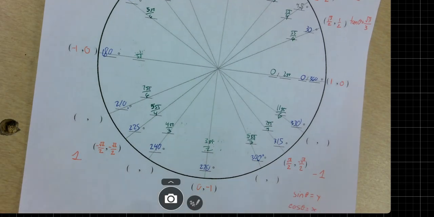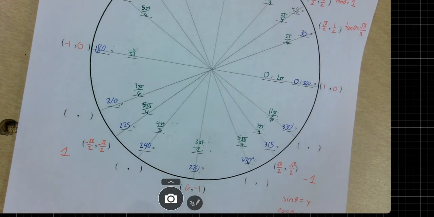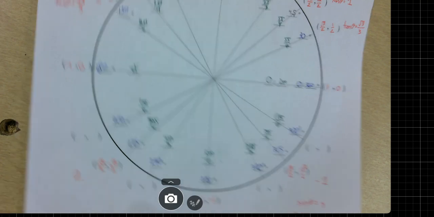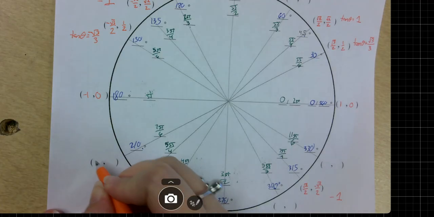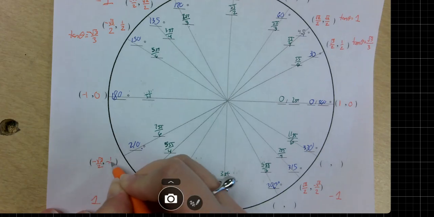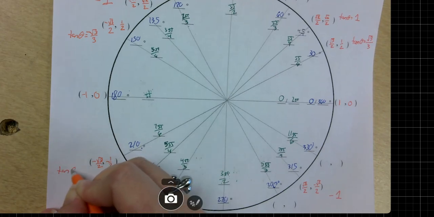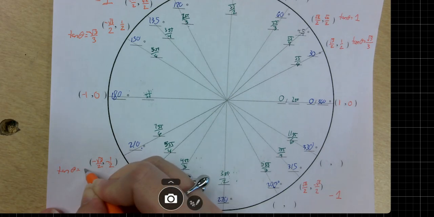Okay, where's my next denominator of 6 for radicals? Yep, 210. So we're down here. Ronaldo, what's the point? Mm-hmm. And what's tangent? Yep.